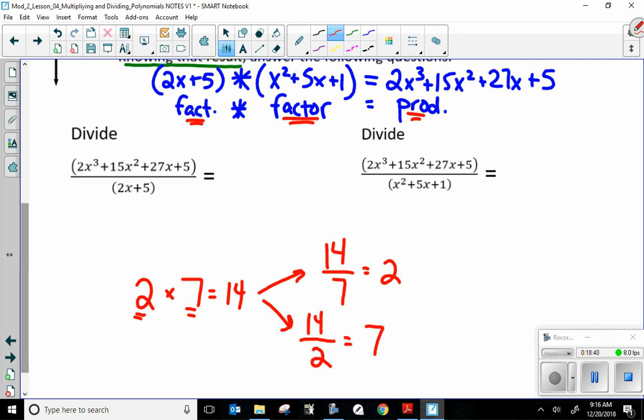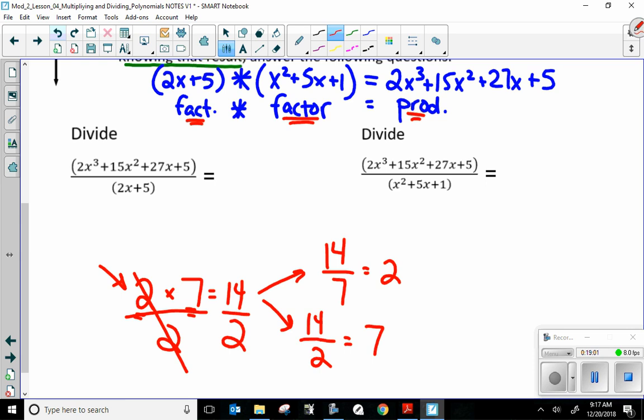Because if I had to balance this equation, on the left-hand side, if I divide this by 7, I divide this by 7. 14 divided by 7 is 2, right? I could do that the other way as well. If I divide this side by 2, I have to divide this side by 2. 14 divided by 2 is 7.